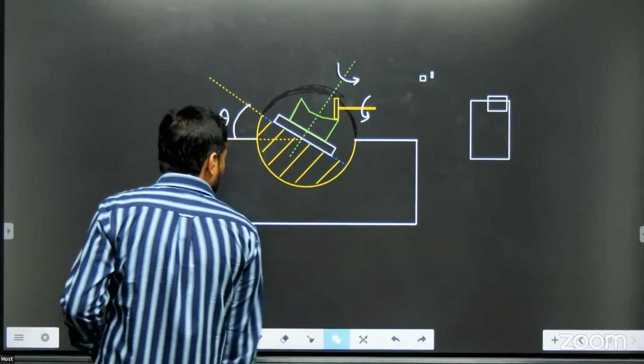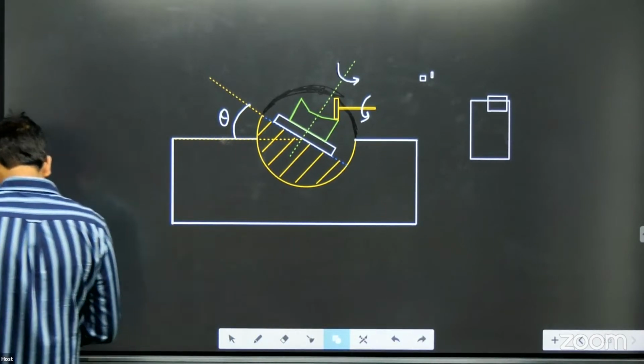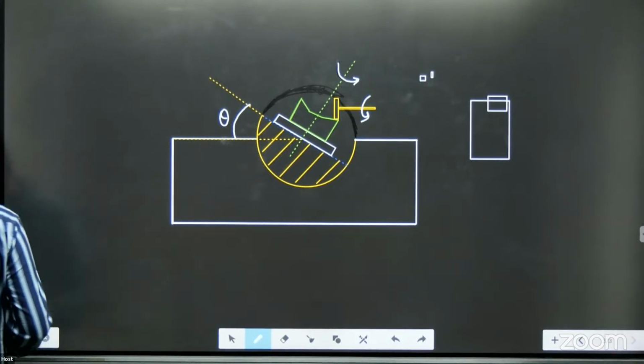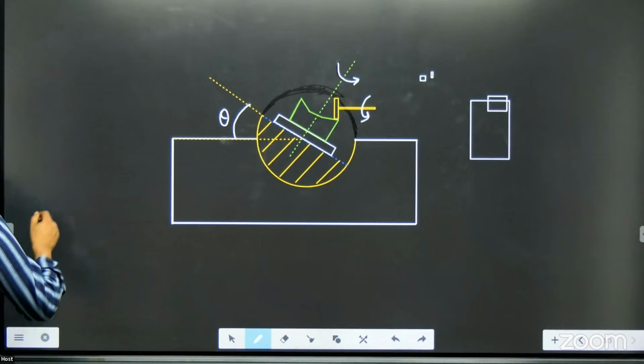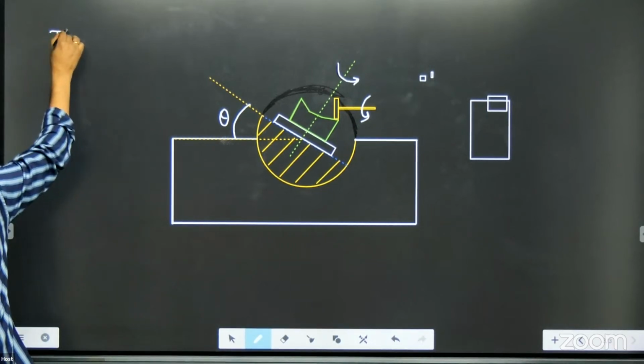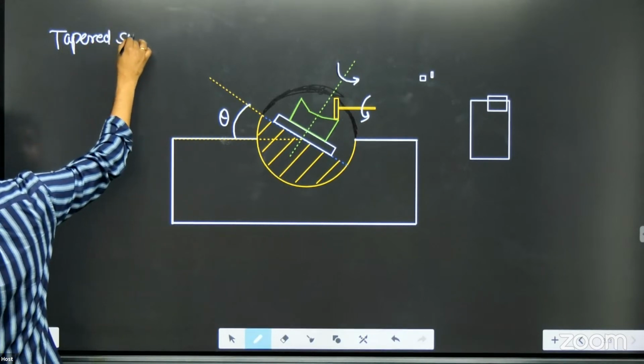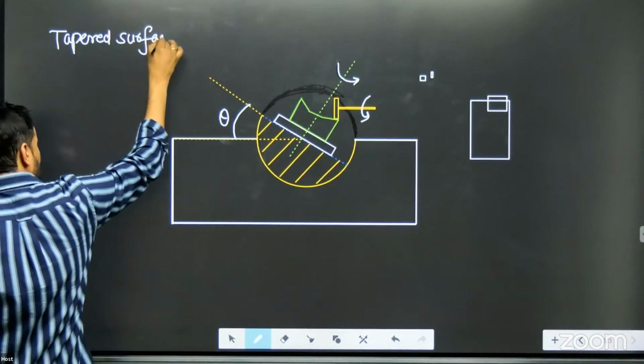So this is what we call, my dear, tapered surface grinding. Understood?